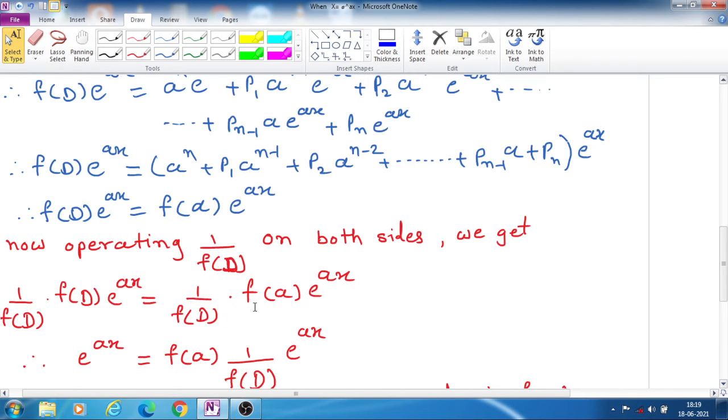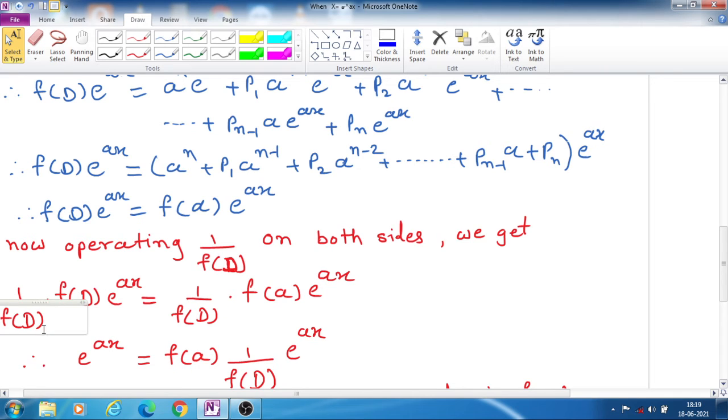For that we take some operations. So see here, we have to eliminate or cancel this f(D) from here. Therefore we operate 1 upon f(D) on both sides.